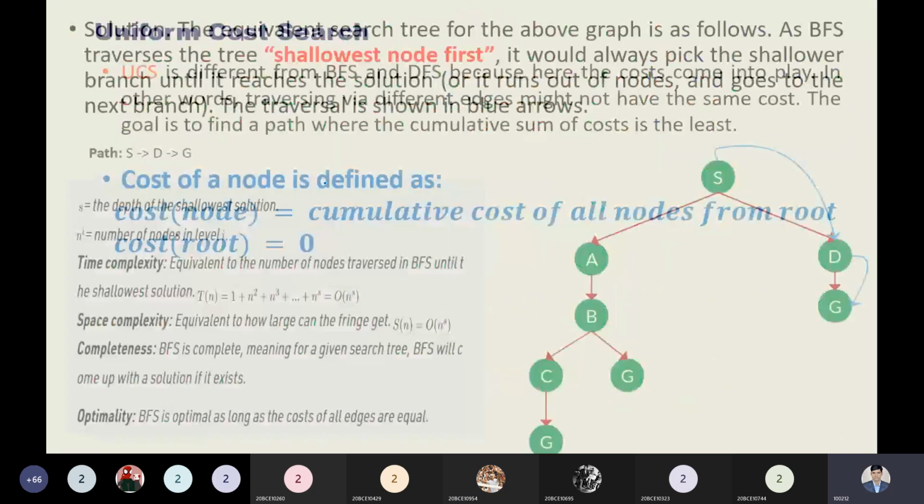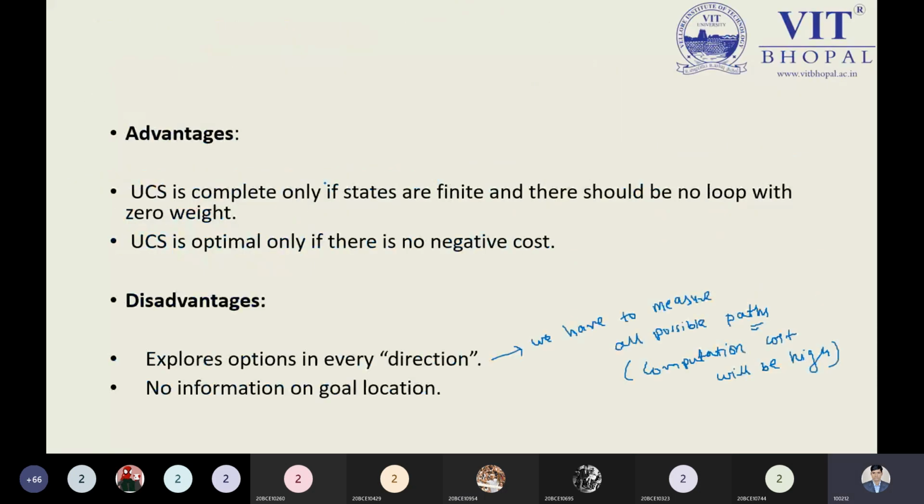It is telling us that if we have n number of paths, we have to evaluate all n paths. We have the information about this point, but which path must I take? I have to go through all the paths and explore all of them. It is clearly mentioned: explore the options in every direction. So that is the reason the computation cost will be high.